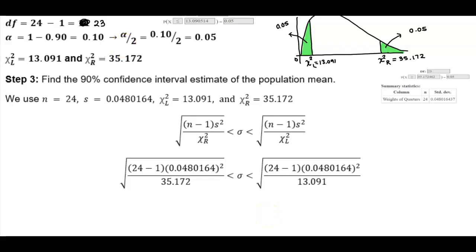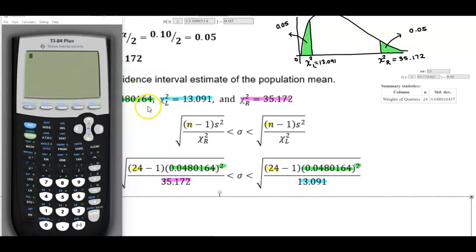So let's plug in our values. The sample size is 24, we're subtracting 1, and then multiplying that by the sample standard deviation squared. The one on the left gets divided by the chi-square on the right, and the one on the right gets divided by the chi-square on the left. Let's do this on our calculator. First we'll find this value, and then we'll take the square root of it.